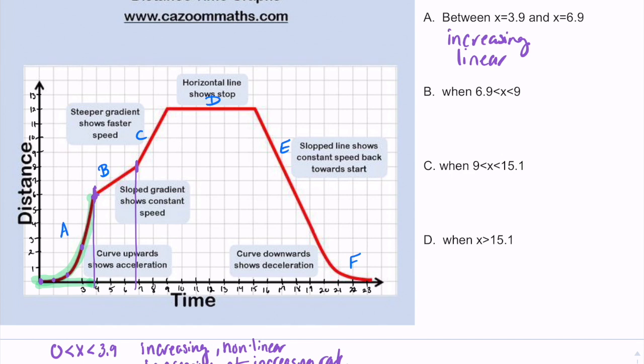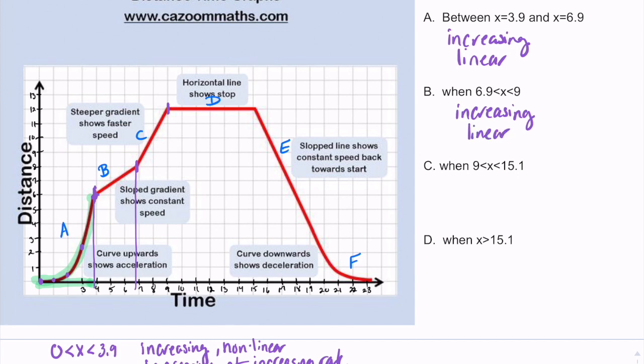Okay, between 6.9 and 9 for part B, right? So there's 6.9, here's 9. It is also increasing, and it is linear.